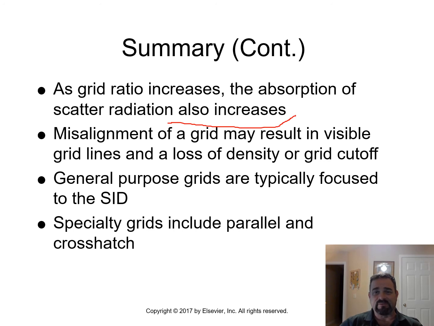So the better the ratio, the more absorption you're going to get. Misalignment of the grid may result in visible grid lines and a loss of density or grid cutoff. And general purpose grids are typically focused to the SID. Specialty grids include parallel and crosshatch. Do remember those. You will probably see those on a test as well.